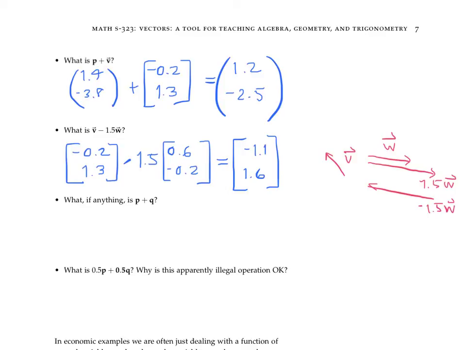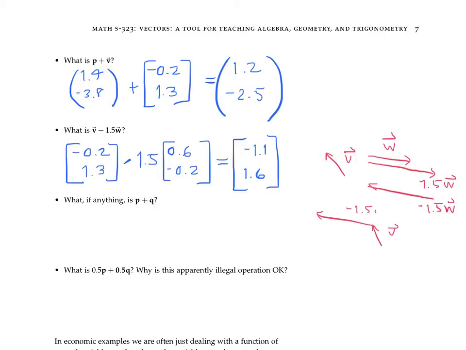And then if I wanted to add V and negative 1.5 W, I would want to line them up so that, here's V. Remember that vectors are not anchored at any particular place. They're increments of change, so you can move them around very nicely. So we have V here, and then negative 1.5 W looks something like that.